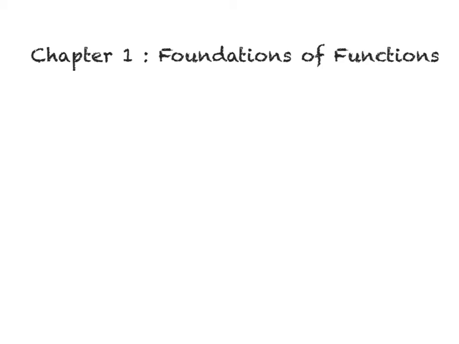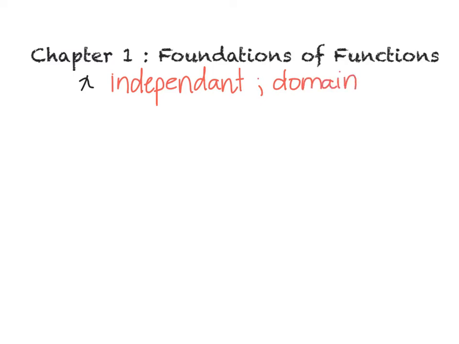The first thing you need to remember is the variable x and the other names it had. First of all, it was called the independent variable. The other thing that went with that was the word domain, which we will be looking at a lot today.